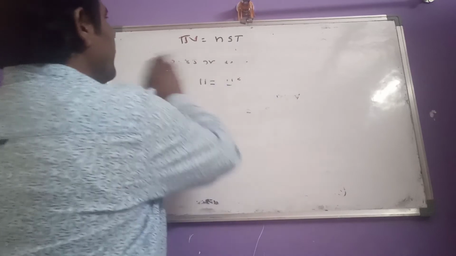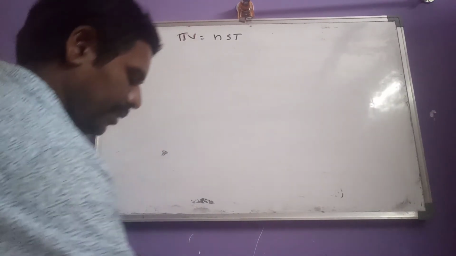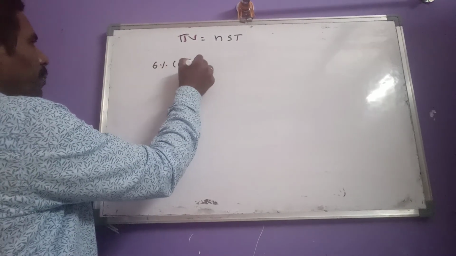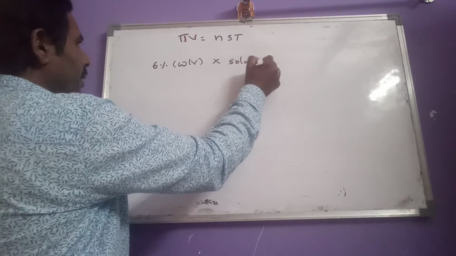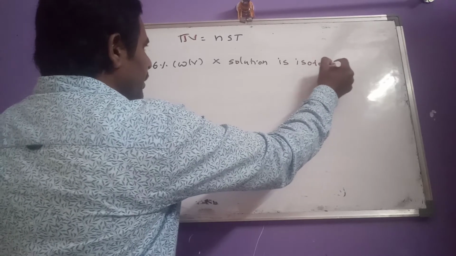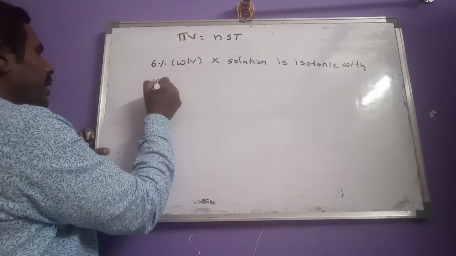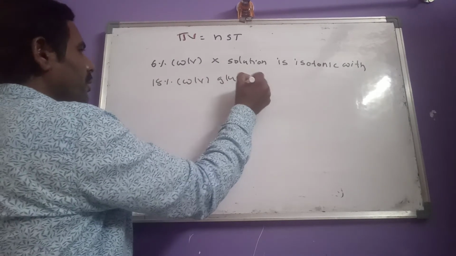Okay, then another question I give here. A 6% W by V X solution is isotonic with an 18% W by V glucose solution.